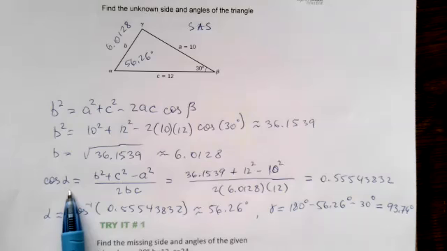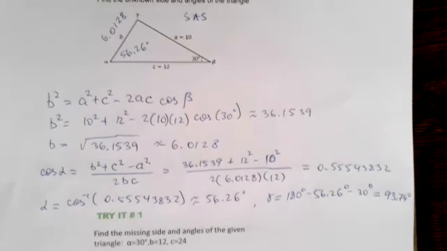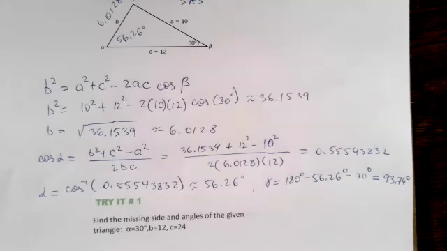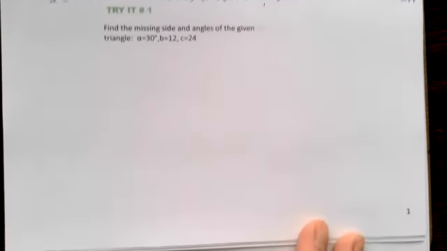Another reason why I suggest using the law of cosines in favor of the law of sines is that with the law of sines, you may run into the ambiguous case, when you have to check two different angles. So I think the law of cosines takes it out of the question. Now I invite you to try this yourself.